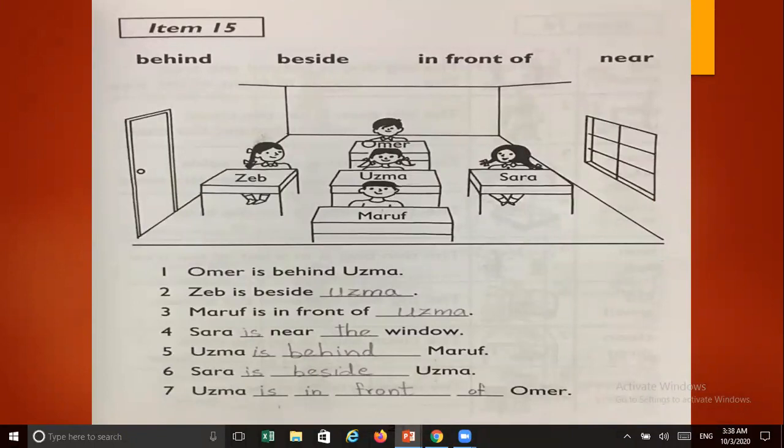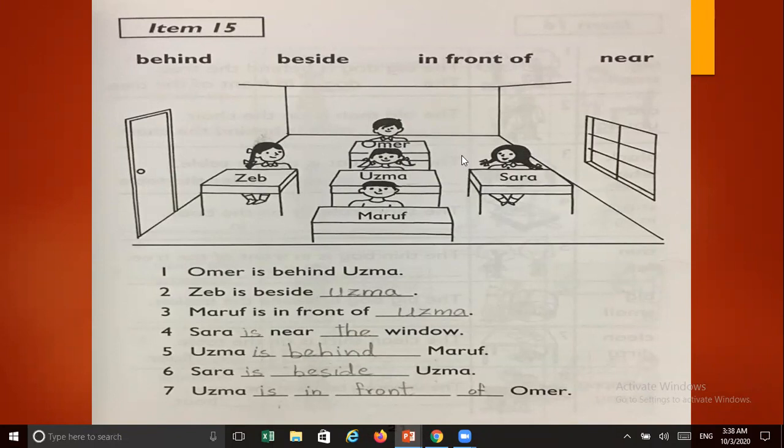Zaid is beside Azma. Number 3, Maruf is in front of Azma. You can see Maruf is in front of Azma. Sarah is near the window.